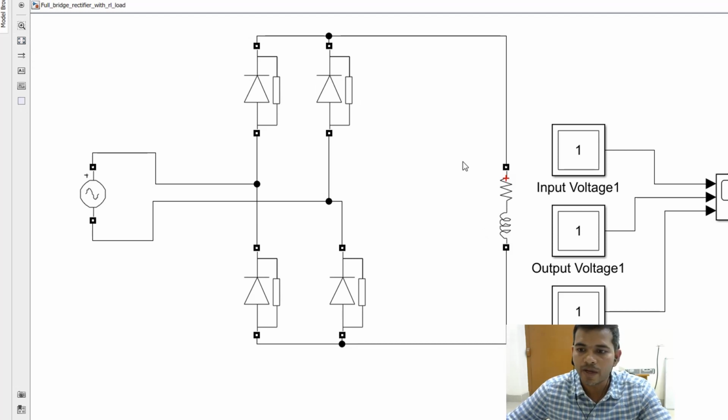This is visible, nice. Yes, sir. This one has a diode only.